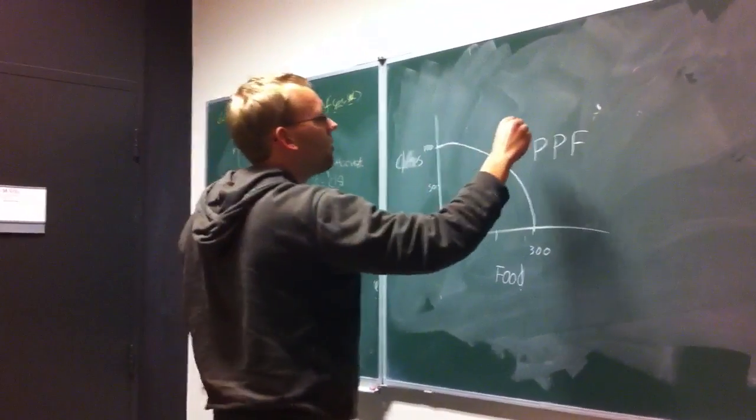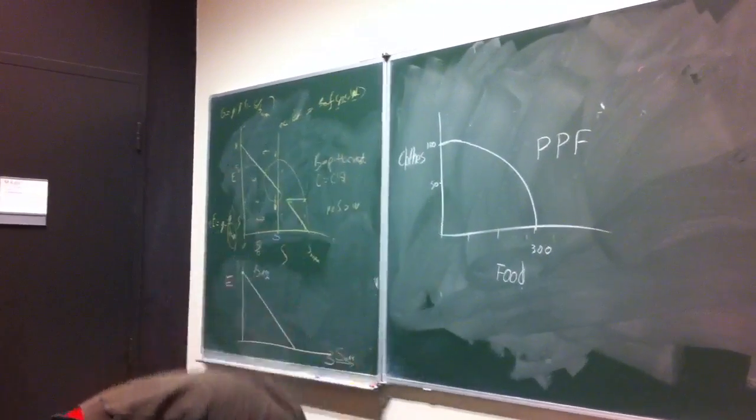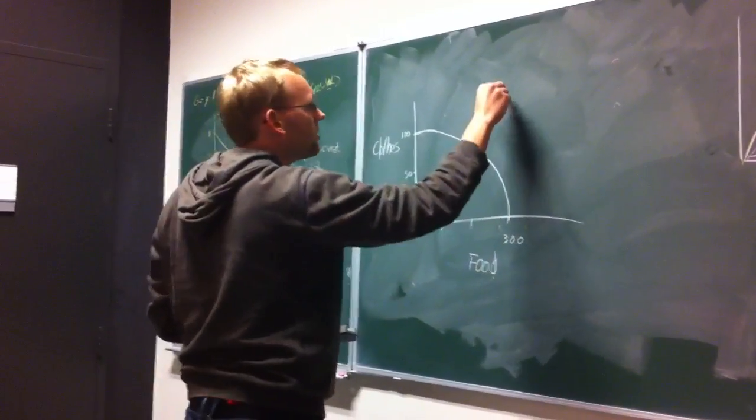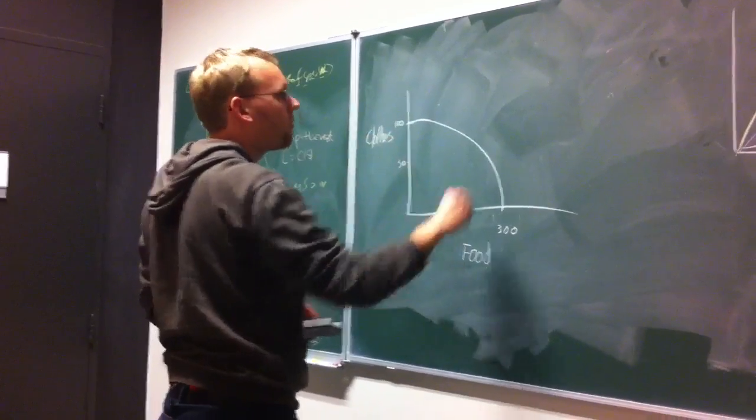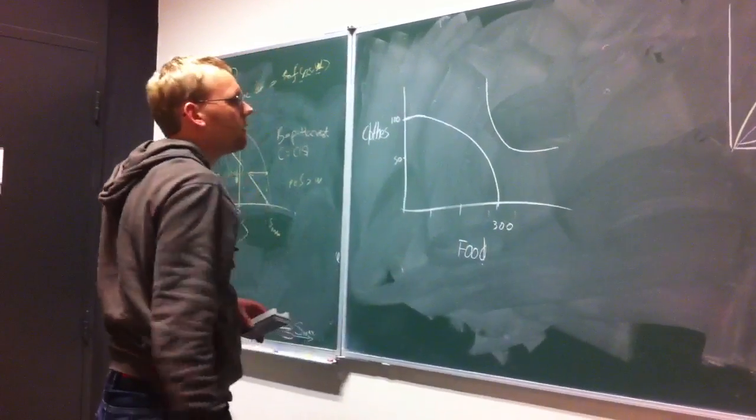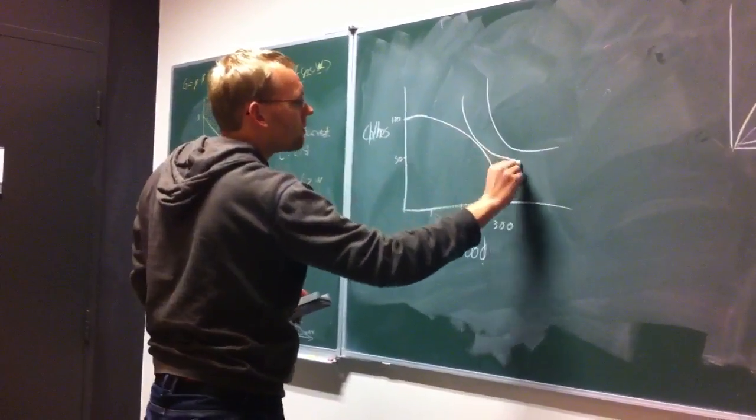On the other side, you have your indifference curves, which basically reflect combinations of clothing and food that have the same utility to society. Let's draw a few of them.